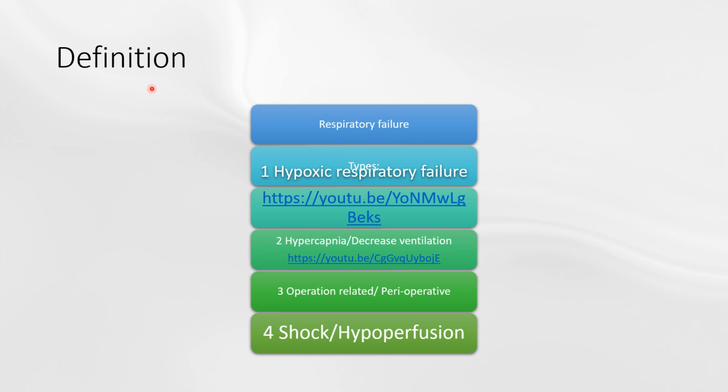Definition of some terms. What is respiratory failure all about? Normally, we inhale oxygen and exhale carbon dioxide. But in respiratory failure, that has become impaired. Not many people will be ventilating fully. That is a sign of respiratory failure in them.